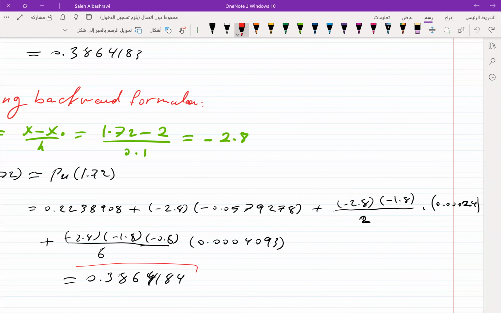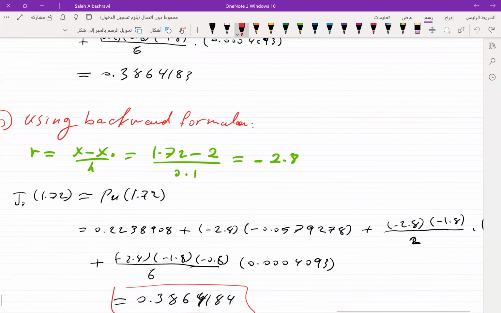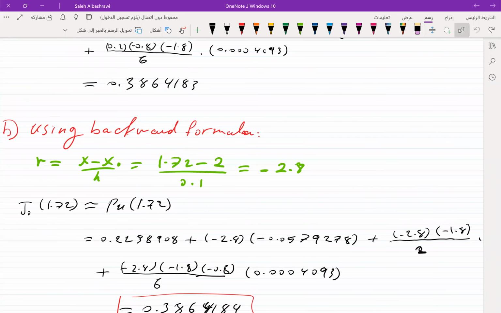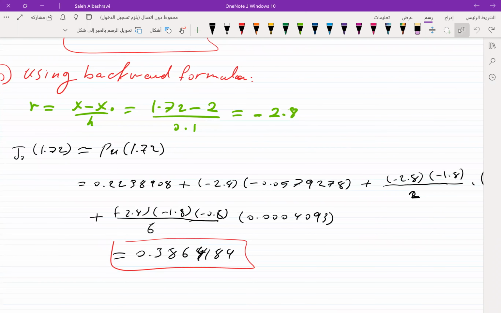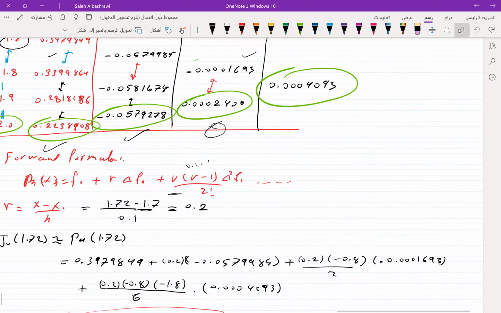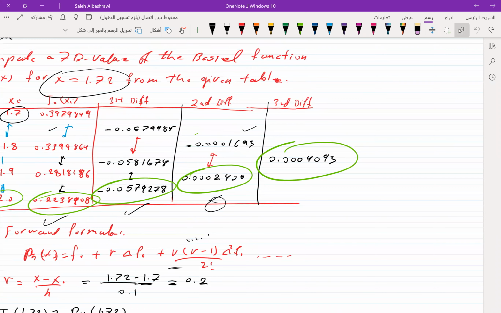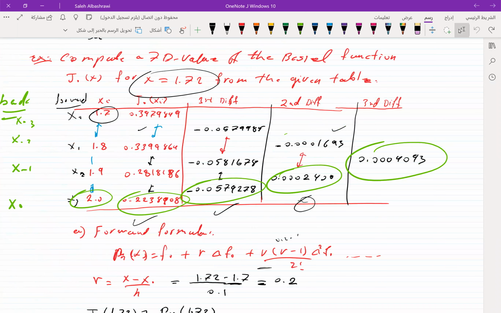So this is the value for the Bessel function at 1.72. The first one gave me 0.38648183, and the second one is 0.3864184. Again, using the backward, it's just a matter of reversing the index.